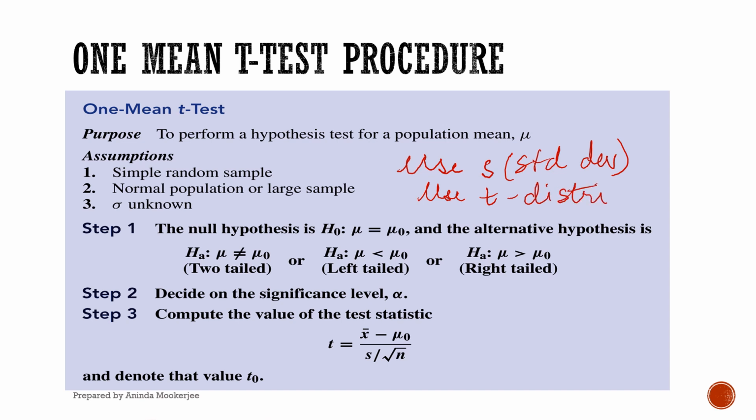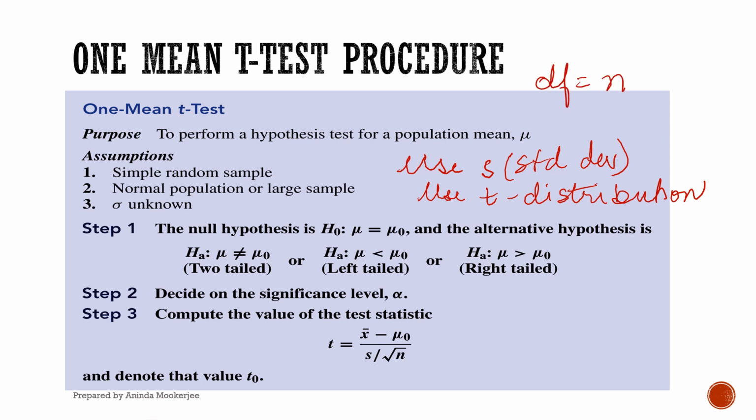For the T distribution, as we talked about before, there is a distribution for every sample size out there, so it operates on the basis of DF, the degrees of freedom.